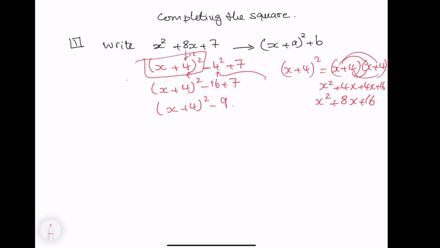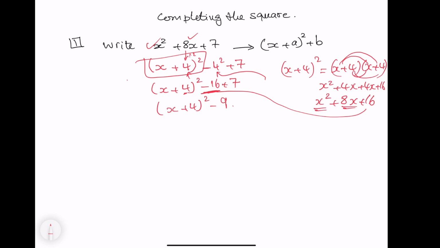So as you can see, the x squared is this one, 8x is here, but there's no 16 in the original equation. So we have to remove it, we have to subtract it, yeah? And it's this one, look, minus 16, okay? And to do minus 16, we just have to do this number 4, whatever this number is, square, okay?